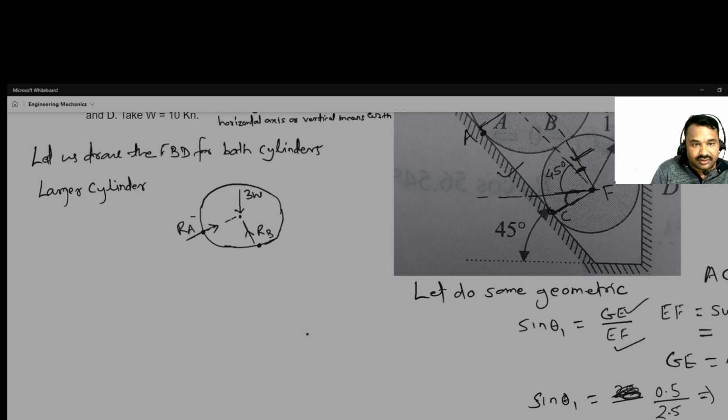Okay, let us draw a horizontal line passing through the center of cylinder 1, the larger cylinder.